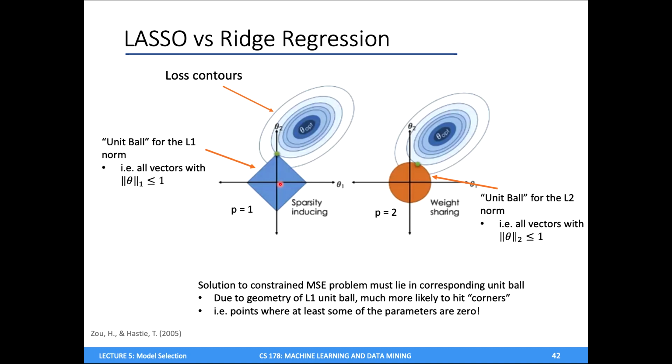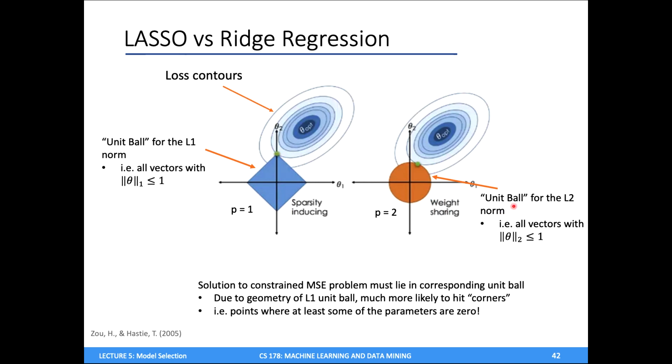Therefore, in this constrained optimization problem, we want to minimize this loss function while still living in this blue set. And because this blue unit ball for the L1 norm has this diamond shape, you're much more likely to hit the corners of this shape. And the corners of this shape are precisely where some of the parameters are 0. So here, theta 1 is equal to 0 because it's on the vertical axis.